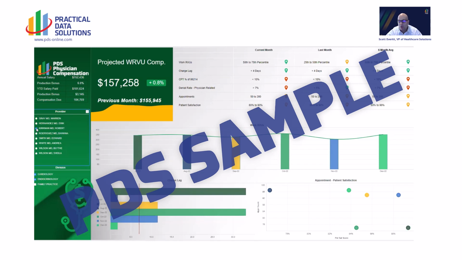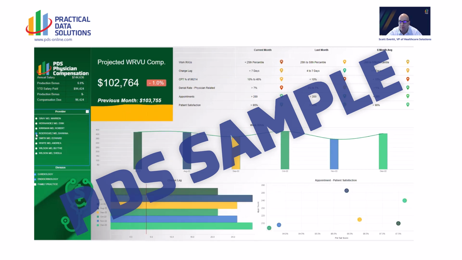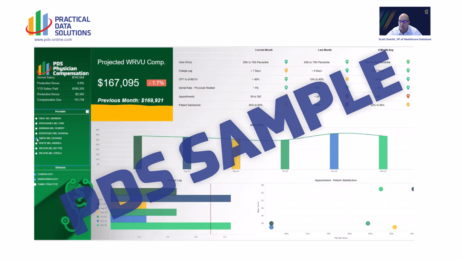So this dashboard, when we look at it, is based on just a simple compensation plan based primarily on RVUs, but this is something that could easily be modified to show collections, it could show visits, it could show whatever metrics are really driving your compensation. The most important thing is what we're doing up in the left-hand corner: we're calculating and showing the projected compensation calculations, and then showing a month-by-month trend of the overall projected compensation.